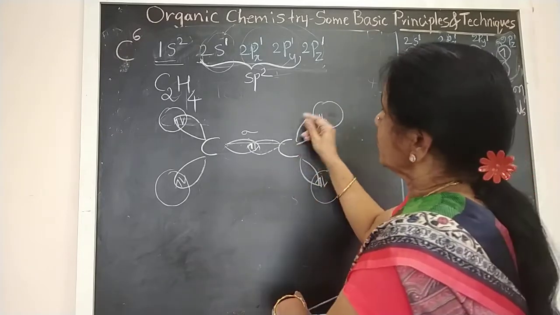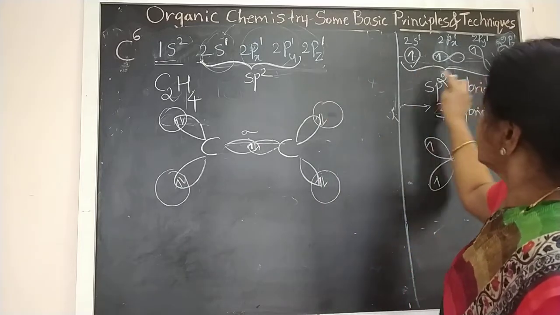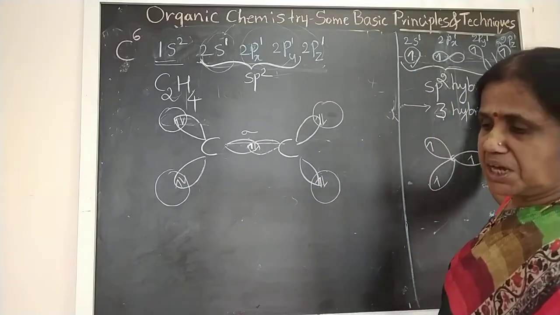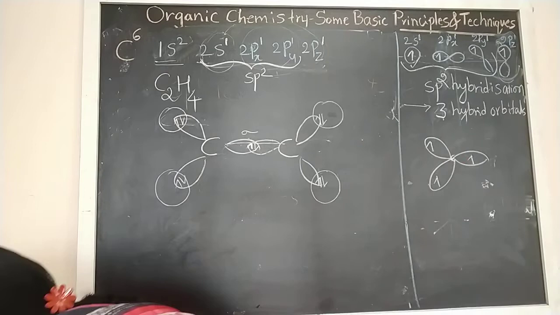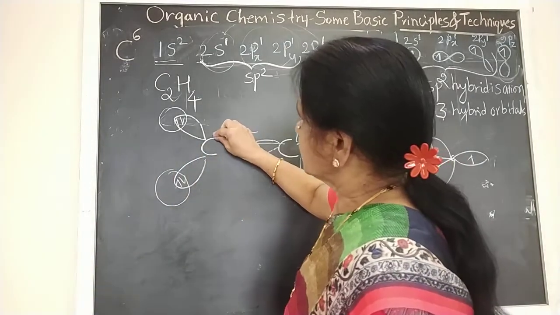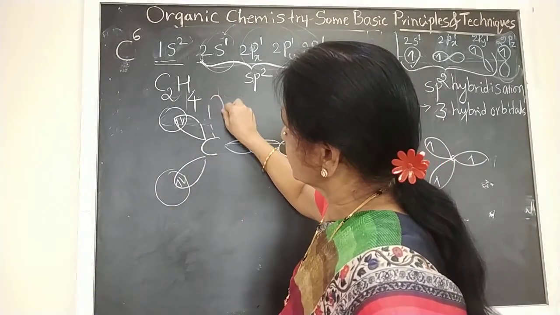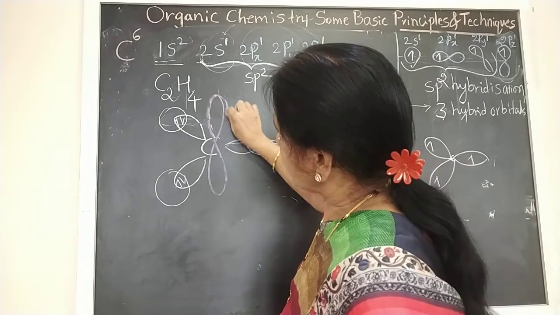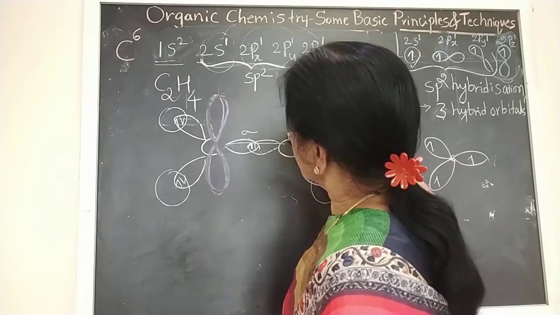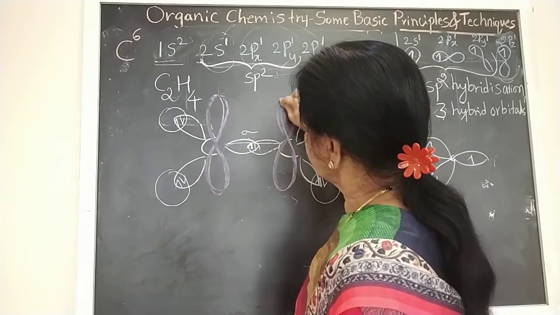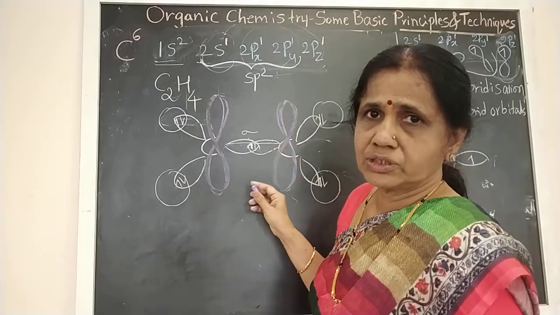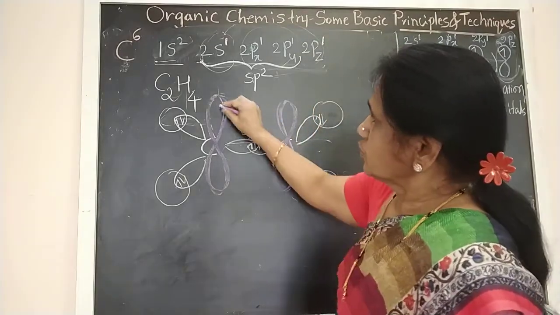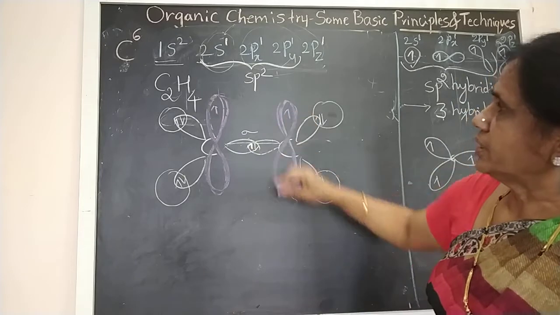But what about the pz orbital, which is unhybridized? Each carbon contains an unhybridized pz orbital, which is dumbbell shaped. Actually, p orbitals before hybridization are dumbbell shaped, and they contain an unpaired electron.